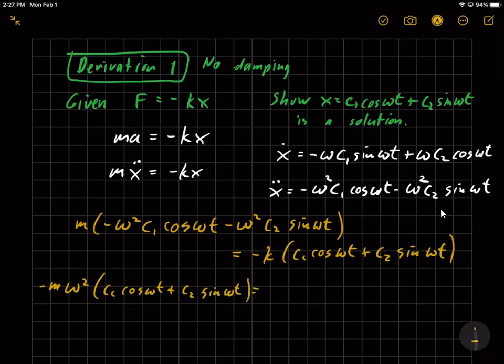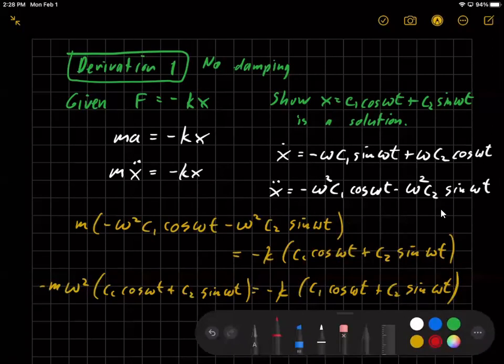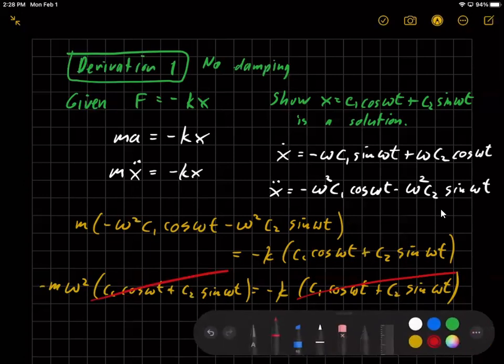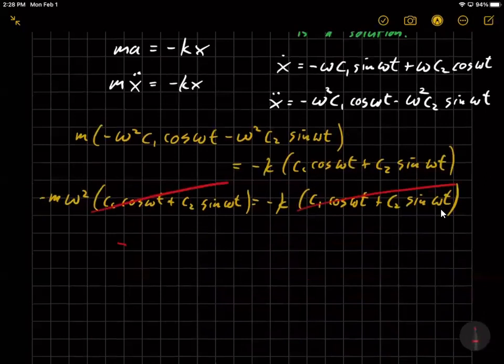And we can leave the negative k, and we have c1 cosine omega t plus c2 sine omega t. If you look at what's the same, the entire parenthetical quantity will divide out. And so that means negative m omega squared better equal negative k.